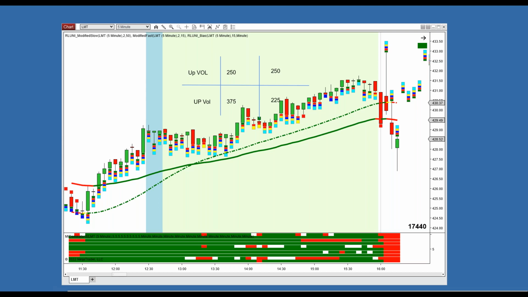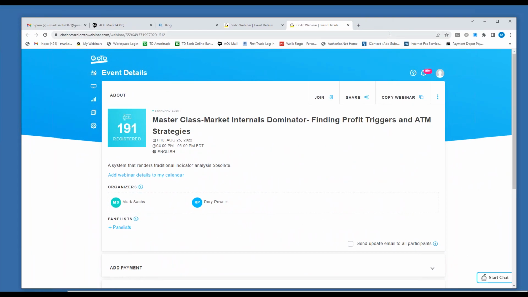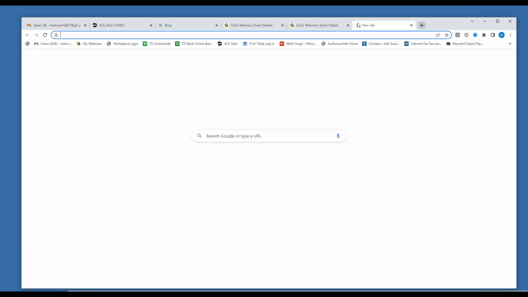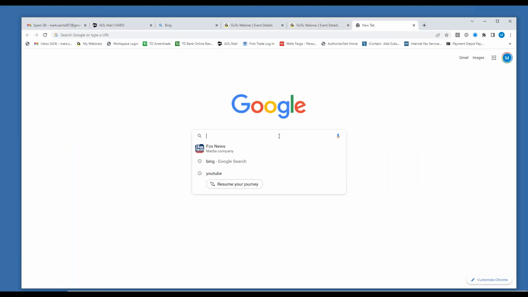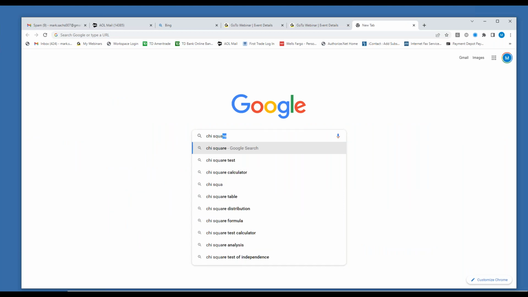Now you can go to Google. Where do I have it? And if you go to chi-square here, you can do it yourself. Here's your chi-square calculator.